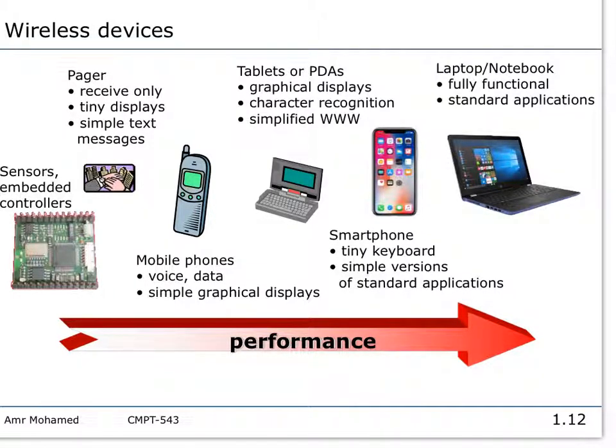And nowadays, we're talking about the concept of convergence, that you have different capabilities using the same device. We'll talk about the same concept for wireless communication. So using, for example, an iPhone or Samsung phone, you can have significant storage.